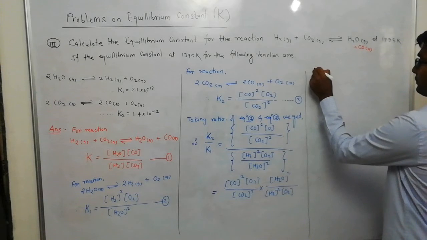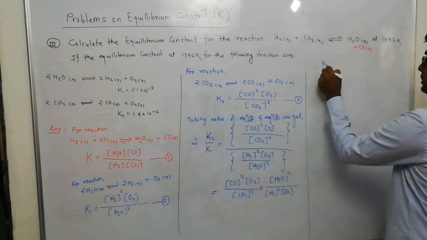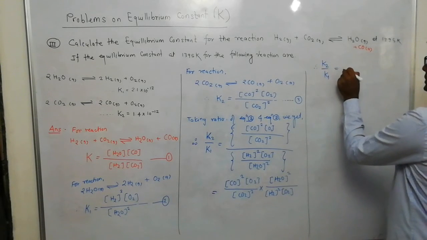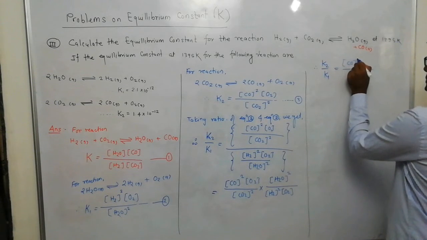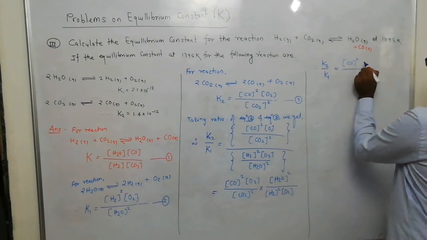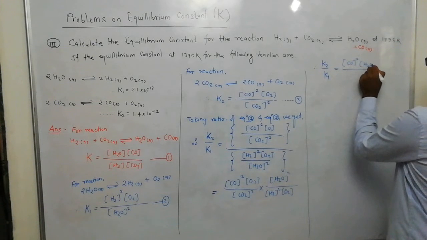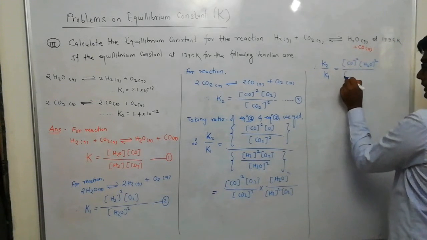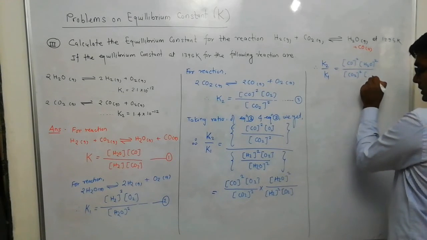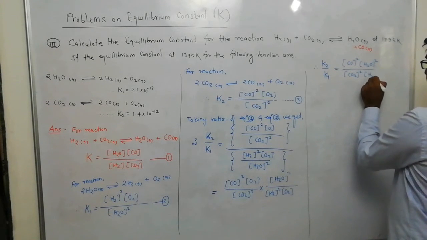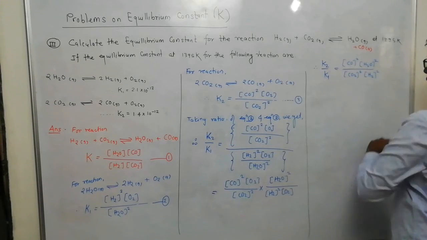Therefore K2 upon K1 is equal to concentration of CO square into concentration of H2O square divided by concentration of CO2 square into concentration of H2 square.